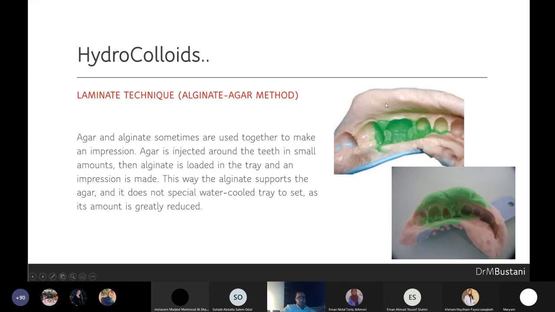And because alginate is mixed with relatively cold water, at room temperature, 23, 24 degrees, it will cool the agar and it will set eventually. Okay, it's just an interesting method you might come across, but most probably we won't be using it as we use silicone nowadays.